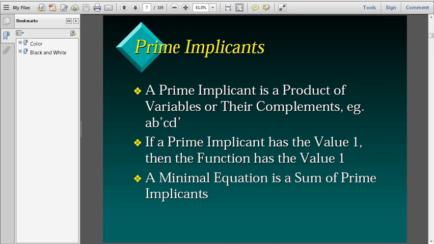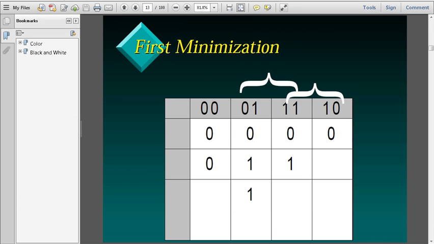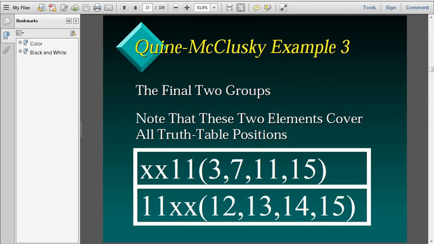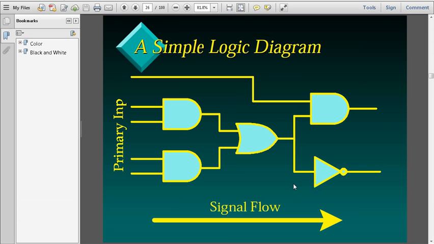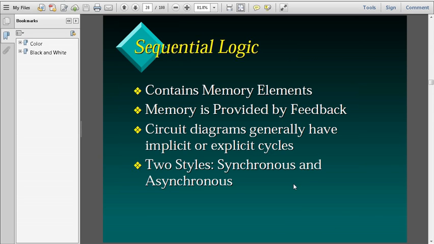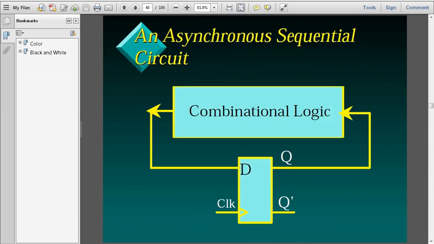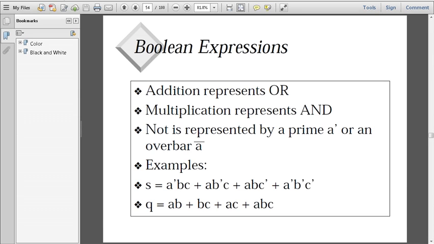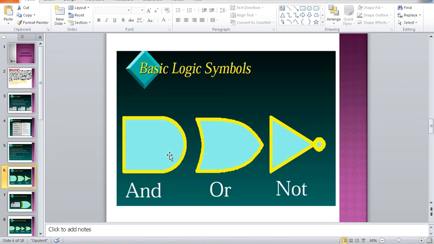As I told you, multiple operations. Now let's see with the help of slides.